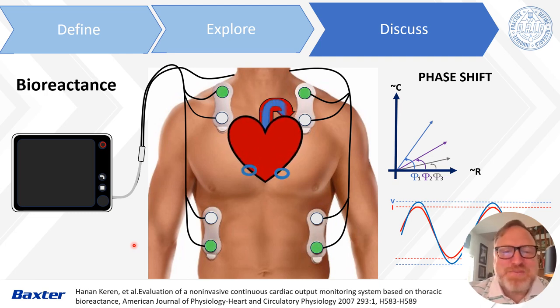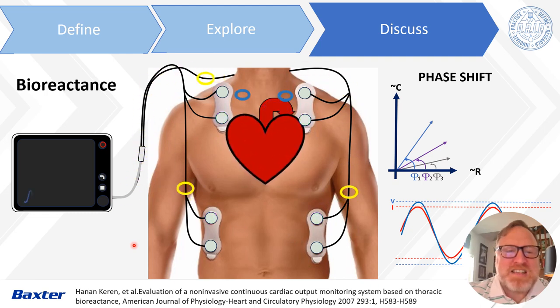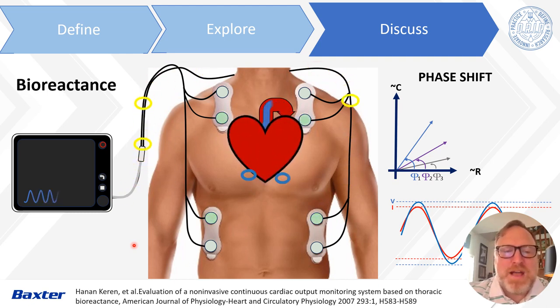As we have a signal coming in, the inner pair of sensors takes that information to our technology here, and we get a bioreactance wave that starts here. How does that wave form?